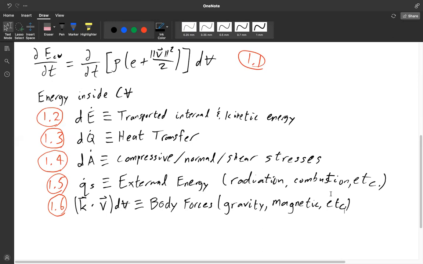I would like to note that the external energy Q dot S is on a per unit mass basis. So for 1.5 here, I'll write it up here.